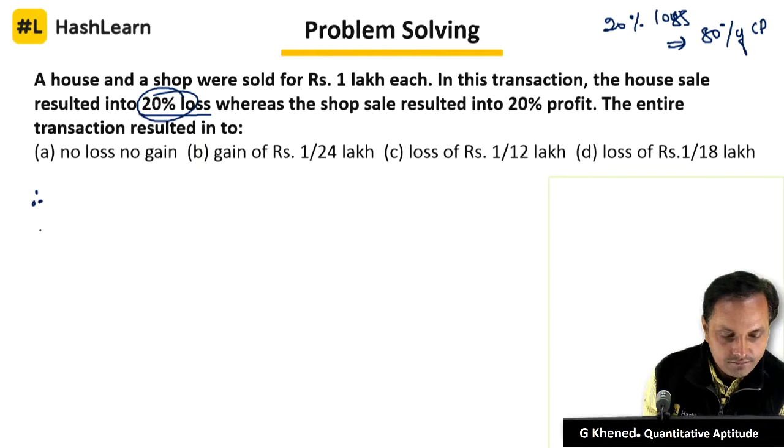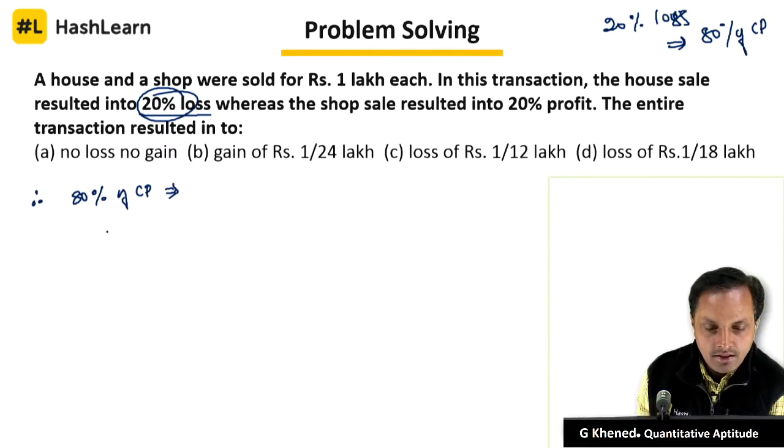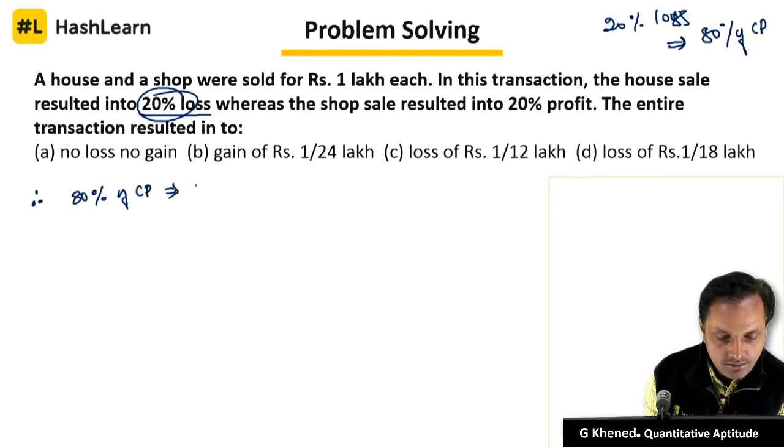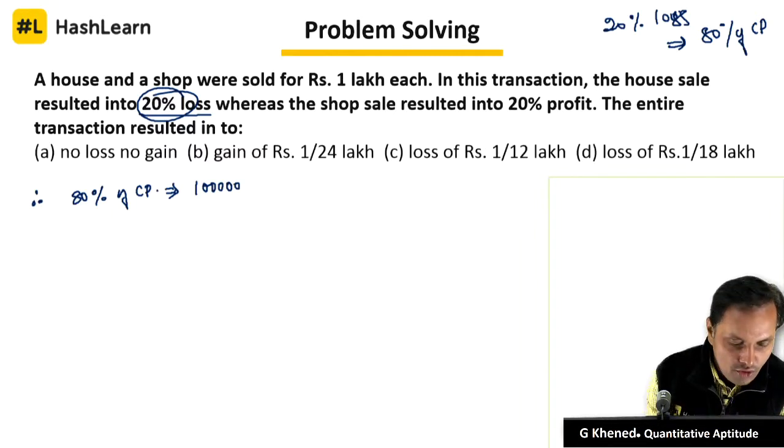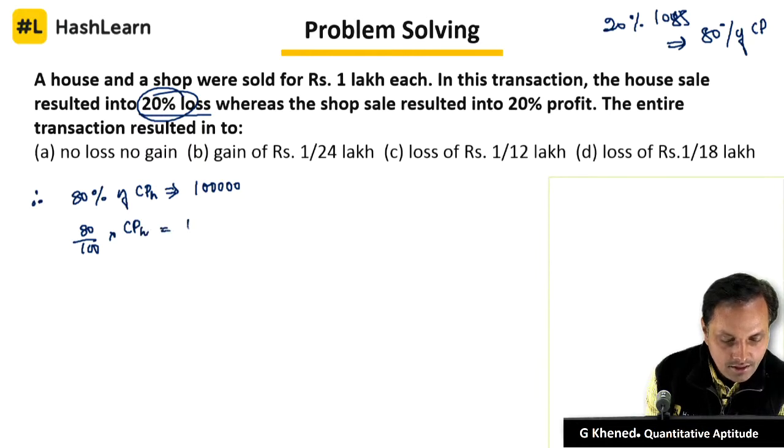Therefore, 80% of your cost price is equal to 1 lakh. This is the cost price of the house. So 80 by 100 into cost price of house is equal to 1 lakh.